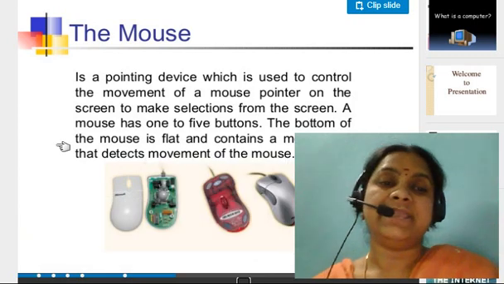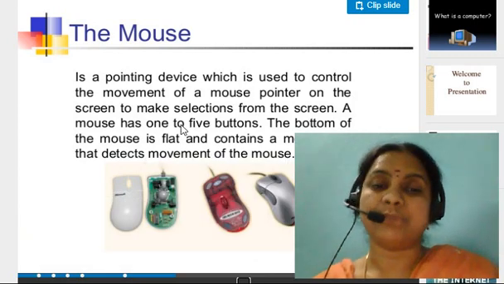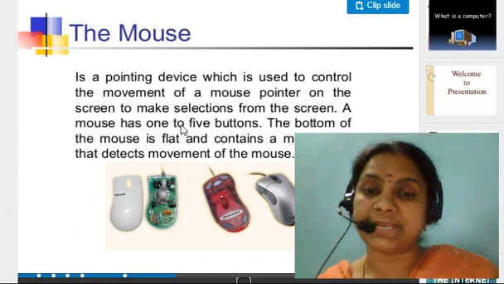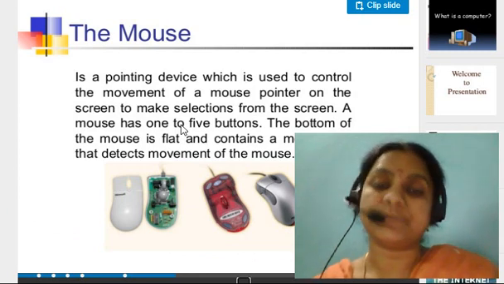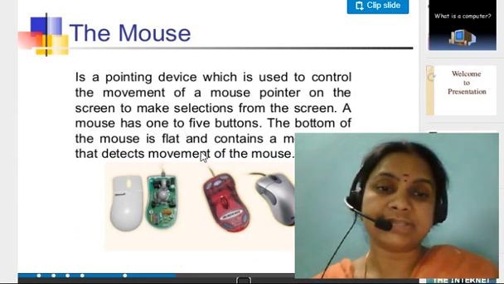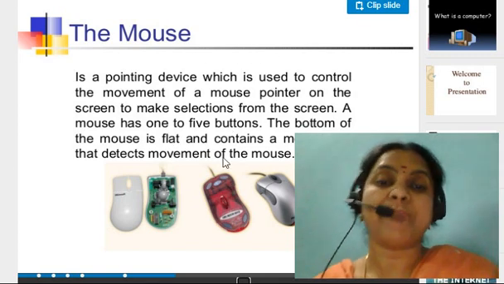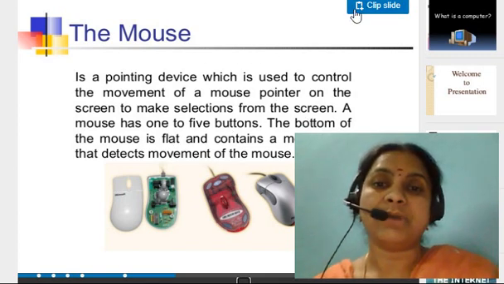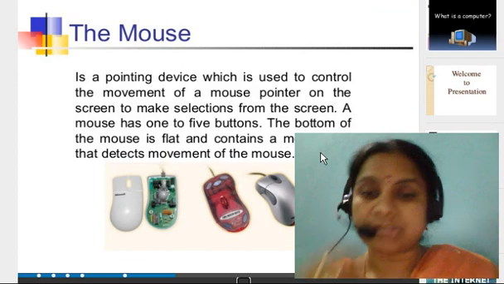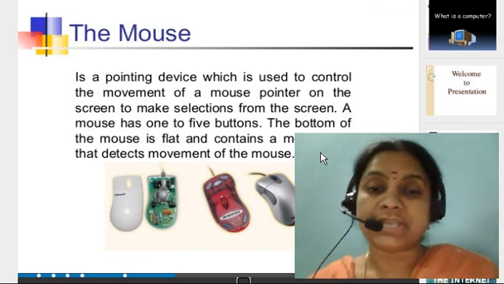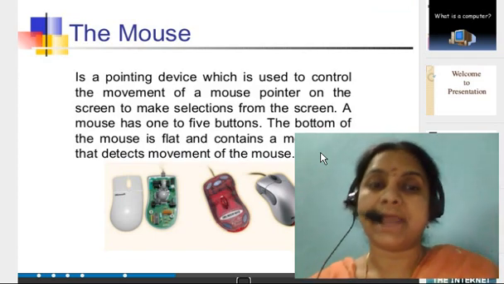With the help of the mouse we are pointing at the screen and selecting an option. See here, the cursor is moving with the help of the mouse. With the help of the mouse I change from one position to another position.